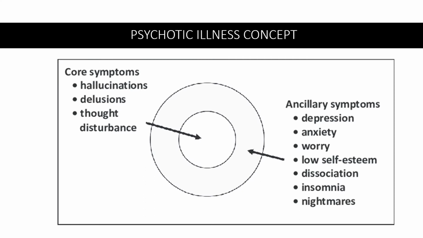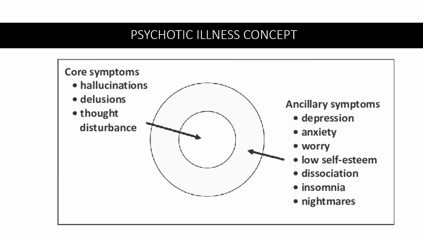Okay, so this is just a concept of psychotic illness. What's the core of psychotic illnesses? Well, it's the hallucinations we just spoke about, the delusions, and also the thought disturbance that's occurring. A thought disturbance is really disorganized thinking that then leads to disorganized speech.